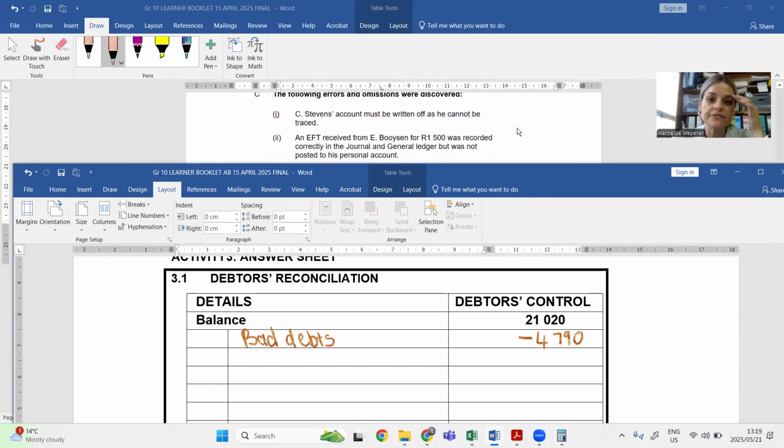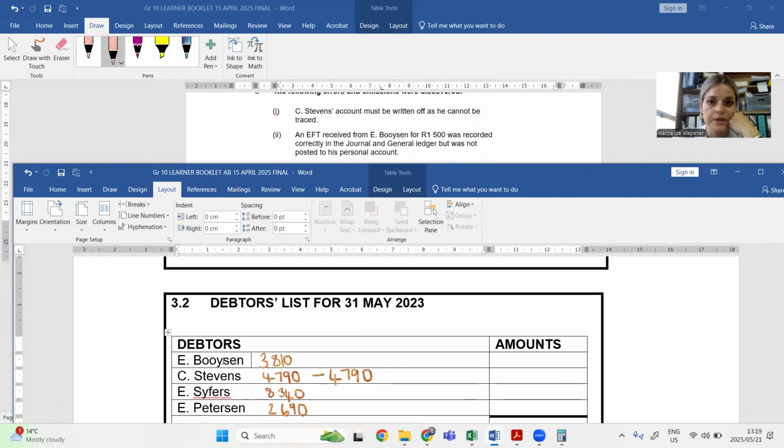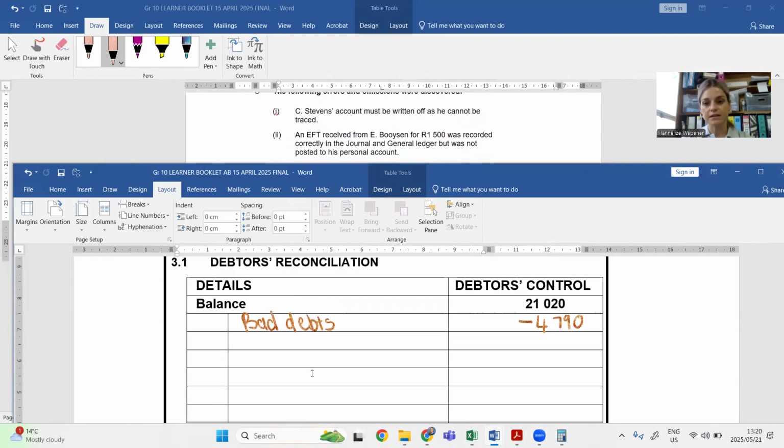Then an EFT received from E. Boyson was not recorded correctly in the journal and the general ledger. Actually, it was recorded correctly, my gosh. You have recorded this correctly in your journal. So in other words, you received it, you recorded this in your CRJ correctly, and then you posted the CRJ to your debtors control account, and that was correct.